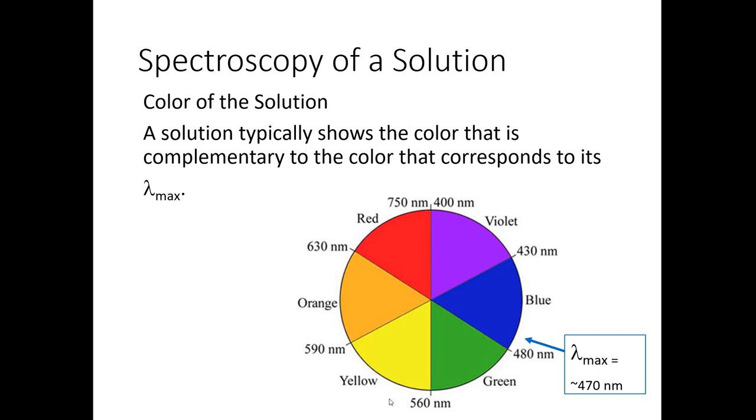We just estimated that. Notice that that falls in the blue region of the color wheel. So that means that we expect this solution that is absorbing at that wavelength to then project out a color that is complementary, which means we would expect this solution to have an orange color.